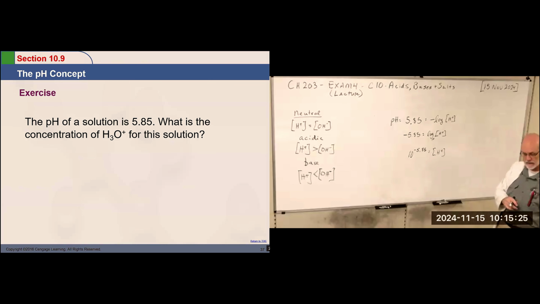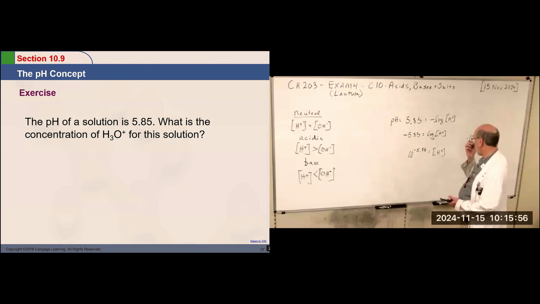There you go. Now all we have to do is punch it into the calculator. 5.85, change the sign, and then do antilog. So what's antilog on your calculator? Sometimes it says antilog, but very often it says 10 to the x. And it'll be a function of log. In my case, I hit the function key, and right above it is 10 to the x.